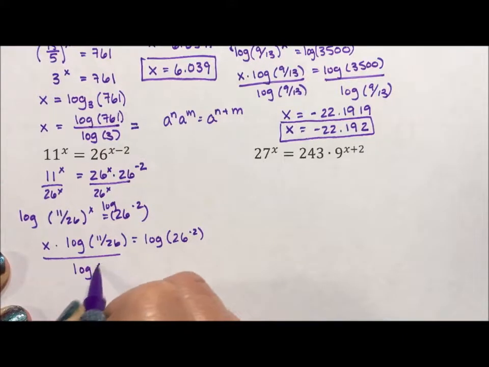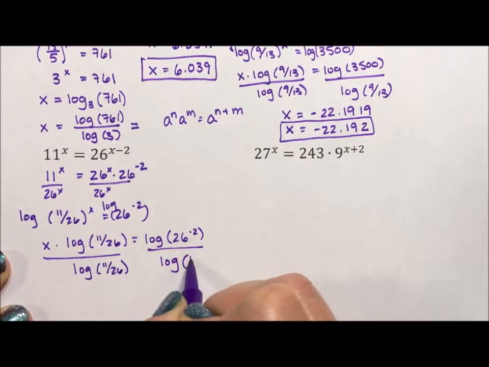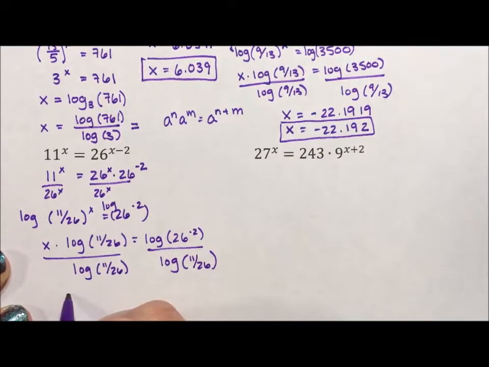Divide by log of 11 over 26, and x is going to equal 7.5751. When we round this to 3 decimal places, we get 7.575.